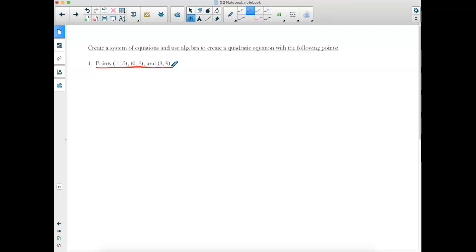So because of that, I need to be thinking of f of x equaling ax squared plus bx plus c, okay? And I'm going to utilize all 3 of these points the same way you utilize all the given information they gave you before, okay? And what I'm going to do is I'm first going to utilize the point -1, 5.